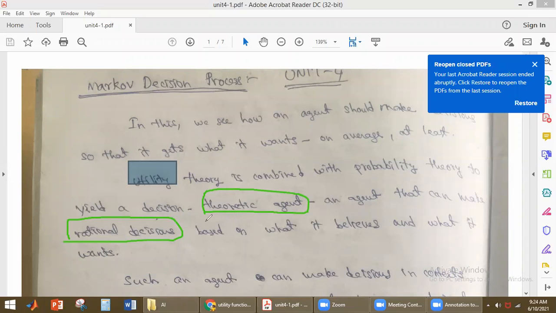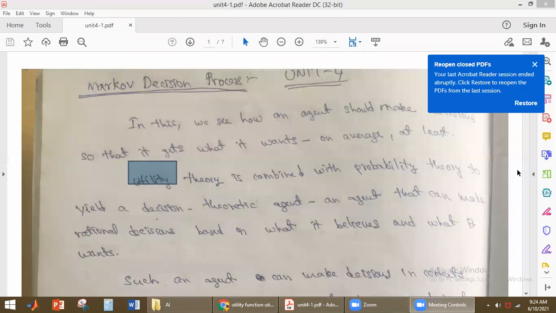So it will be taking rational decisions, and these rational decisions will be based on whatever knowledge it has and whatever goal it has. Based on that, it will be taking the rational decisions.